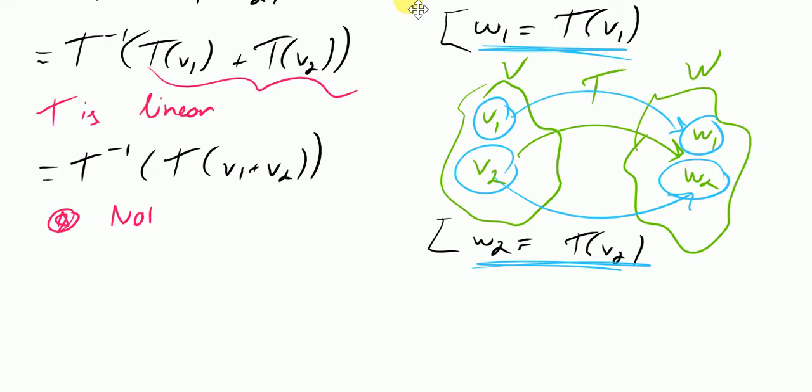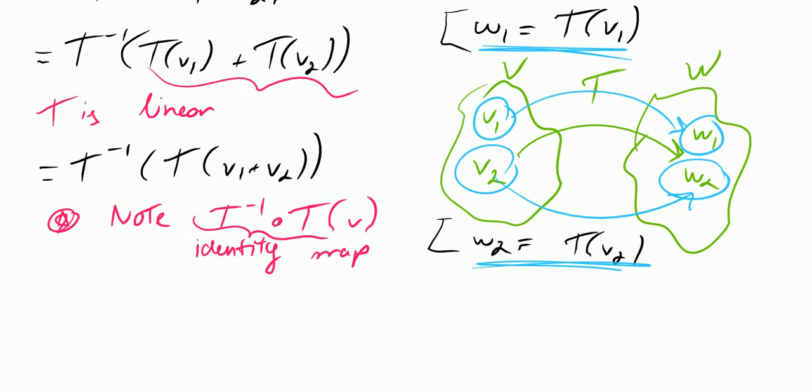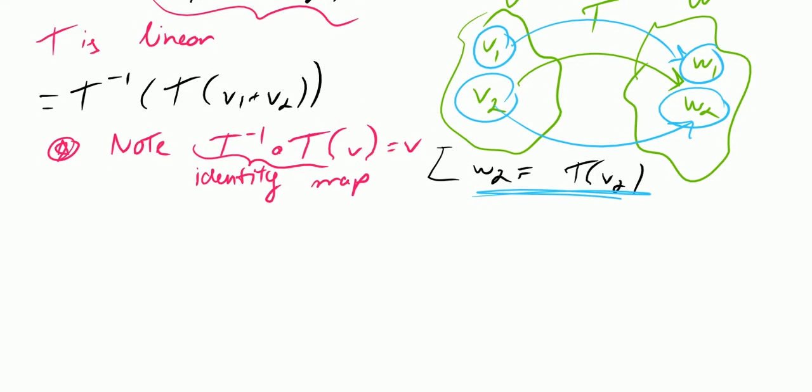If I take T inverse of T, then this just gives the identity map. So in other words, it doesn't do anything to V. So if I take T inverse of T of V, it'll just give me V, because I'm not doing anything, because it's like I'm applying the mapping and then I'm canceling it with the inverse, right? So the same thing can be said here. I just get V1 plus V2.